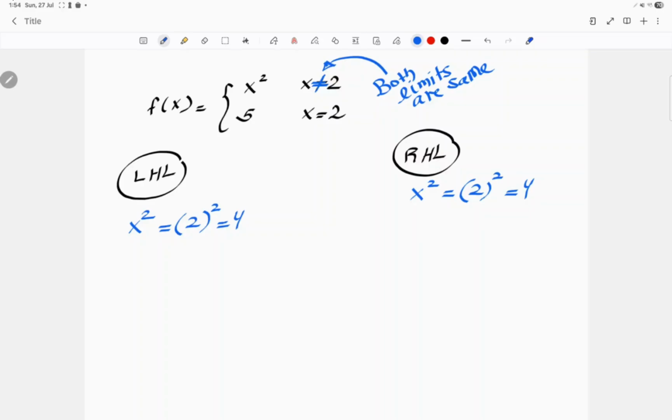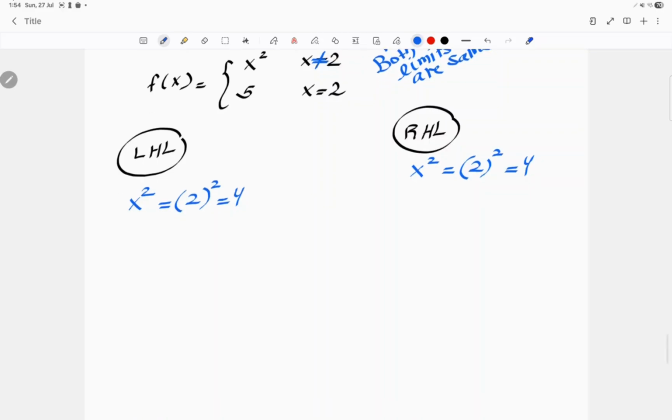So now we know that the limit as x approaches 2 from both sides, left and right, is equal to 4. The first condition has been met. How about the second condition? When x is equal to 2, how much is y? Can someone tell us? That's not too hard. When x equals 2, y is equal to 5.